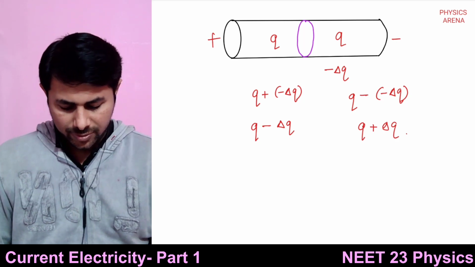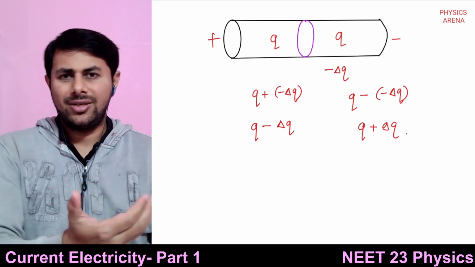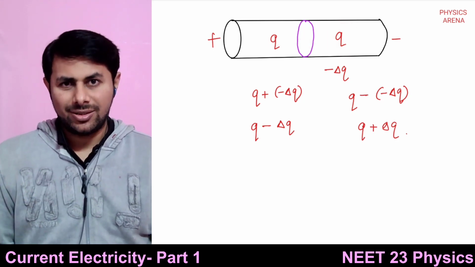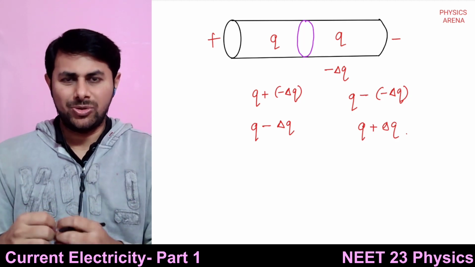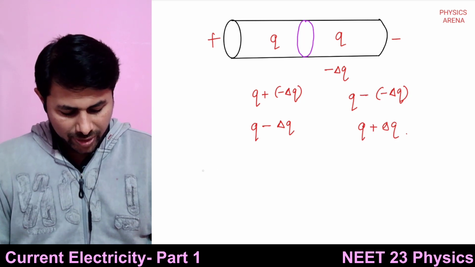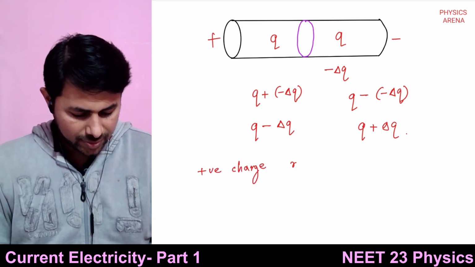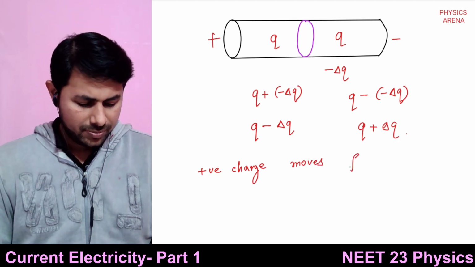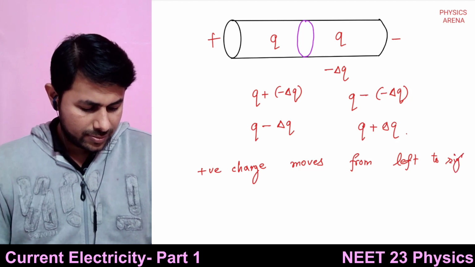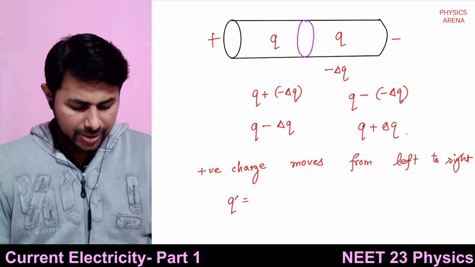What we have imagined is negative charge moving from this side to this side. You will get the same result if you imagine some positive charge moving from left to right. So Q dash will be equal to what?